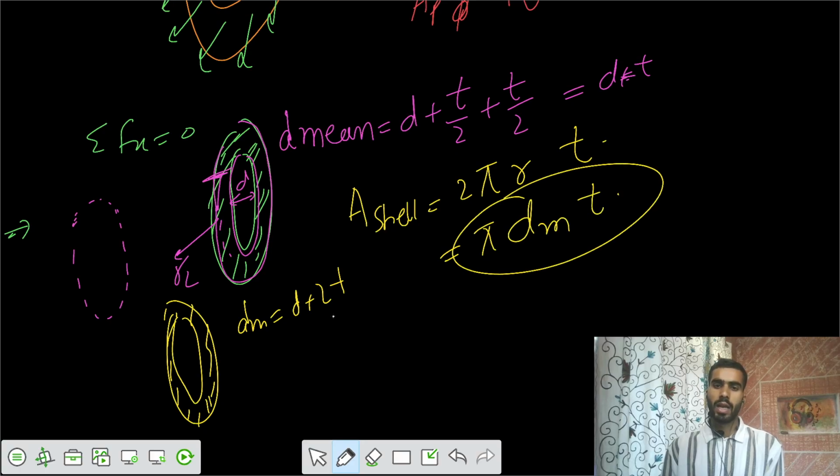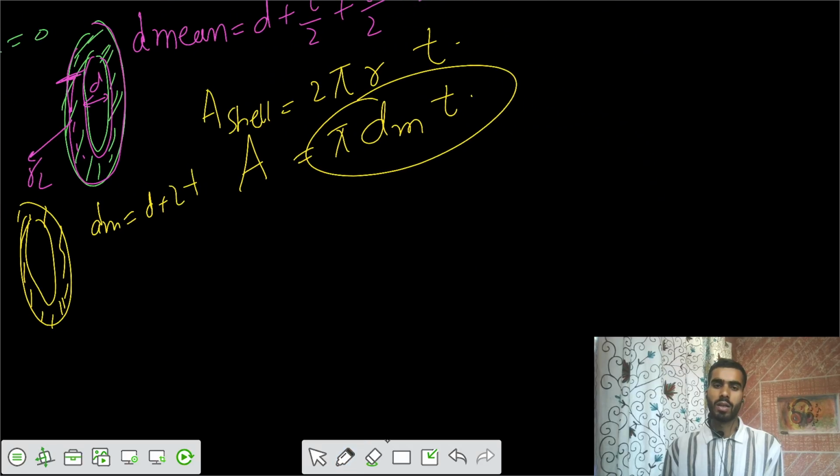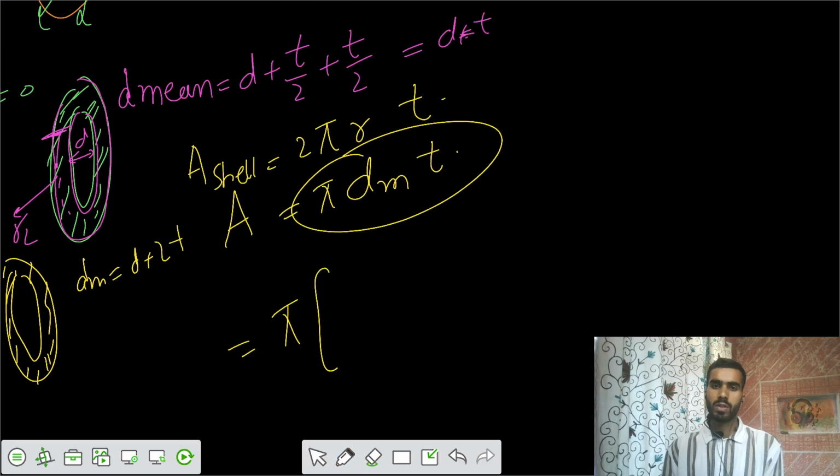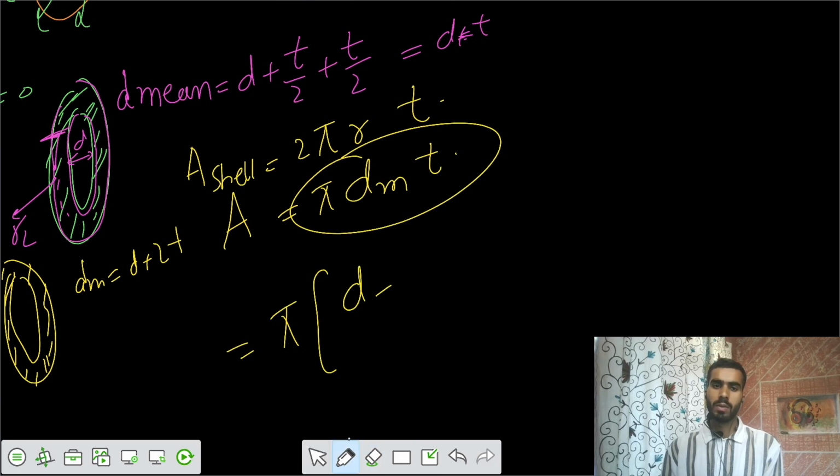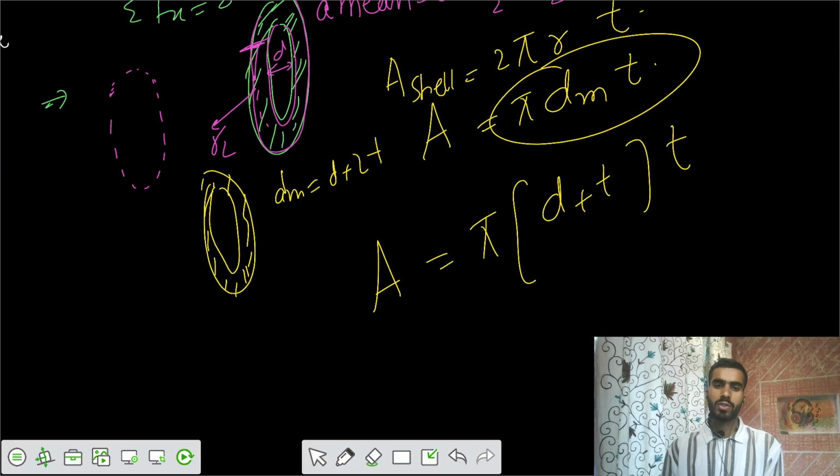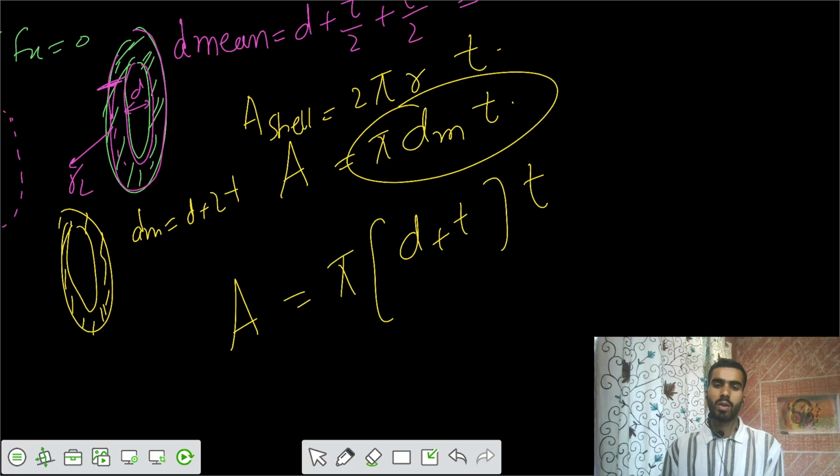So this is your area of that shell, which is pi into dm, where dm equals d plus t, into t, and it has the longitudinal stress sigma long acting on area A.